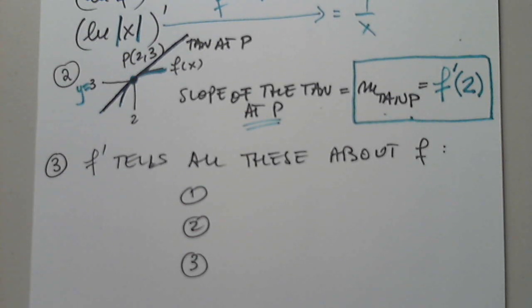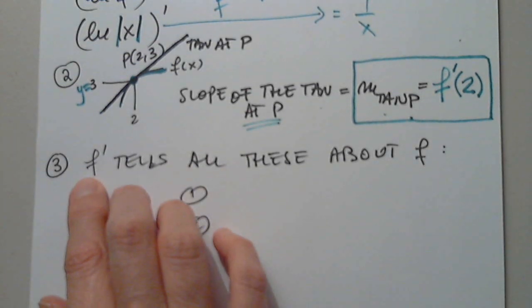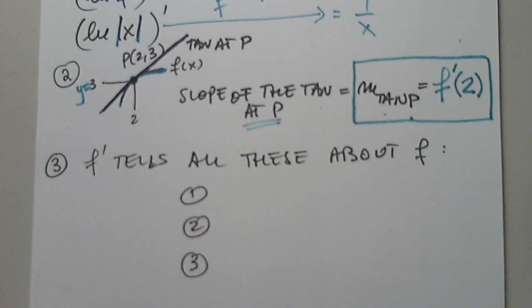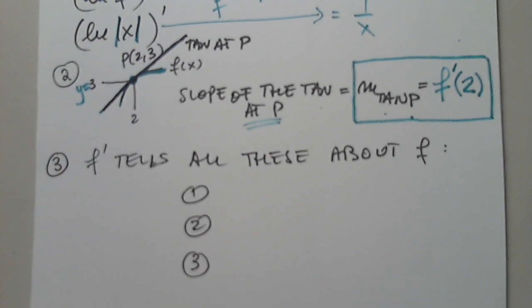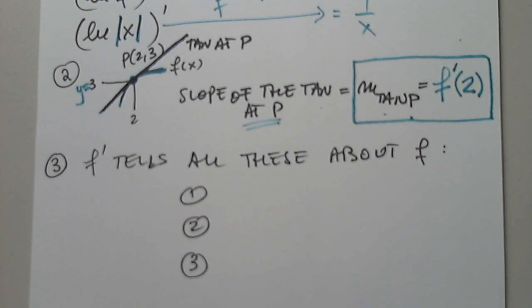When we determine the derivative, we do it because it tells us a lot about the function. What can we learn? By studying the derivative, what can we learn about the function? Anyone, please? Anything?